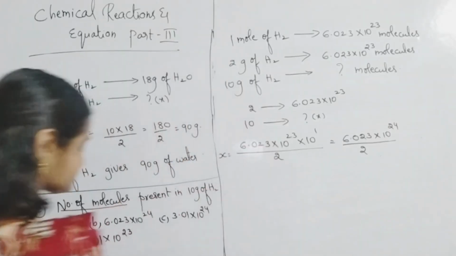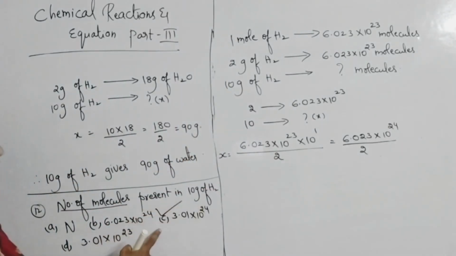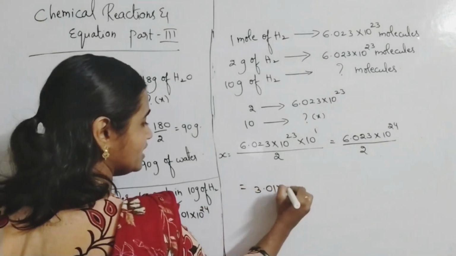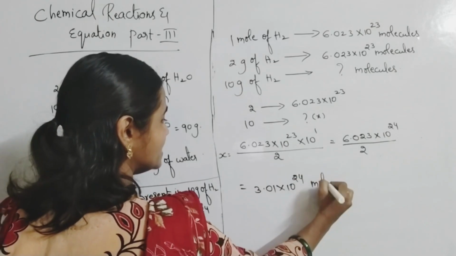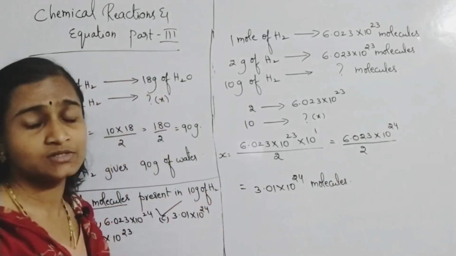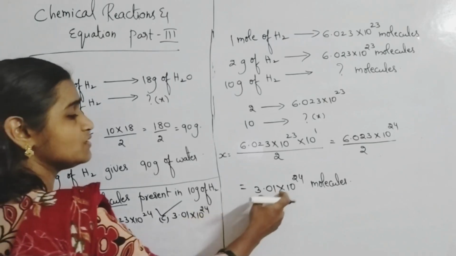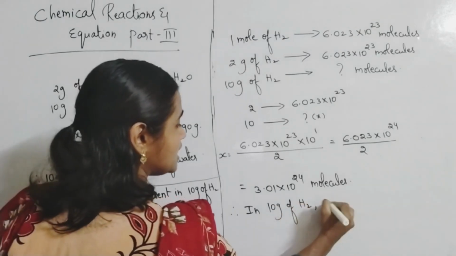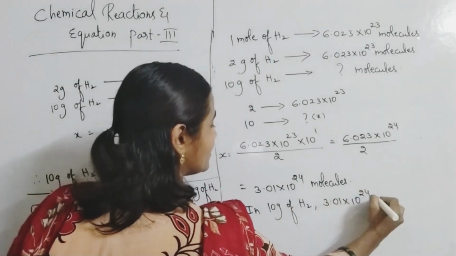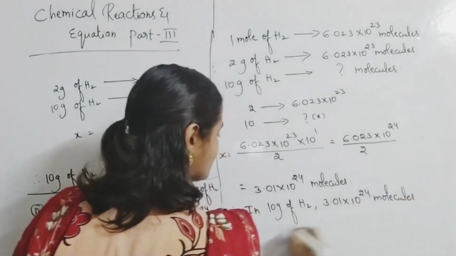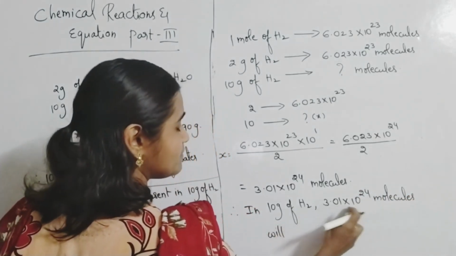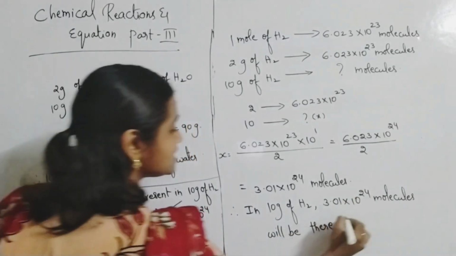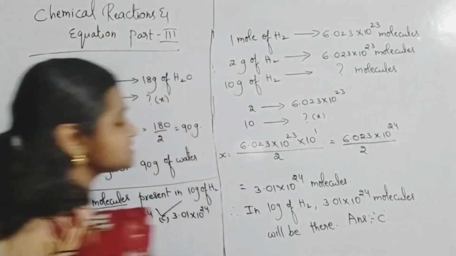So the answer is 3.01 into 10 power 24, option C. Therefore in 10 grams of hydrogen, 3.01 into 10 to the power of 24 molecules will be there. Hence the answer is option C here.